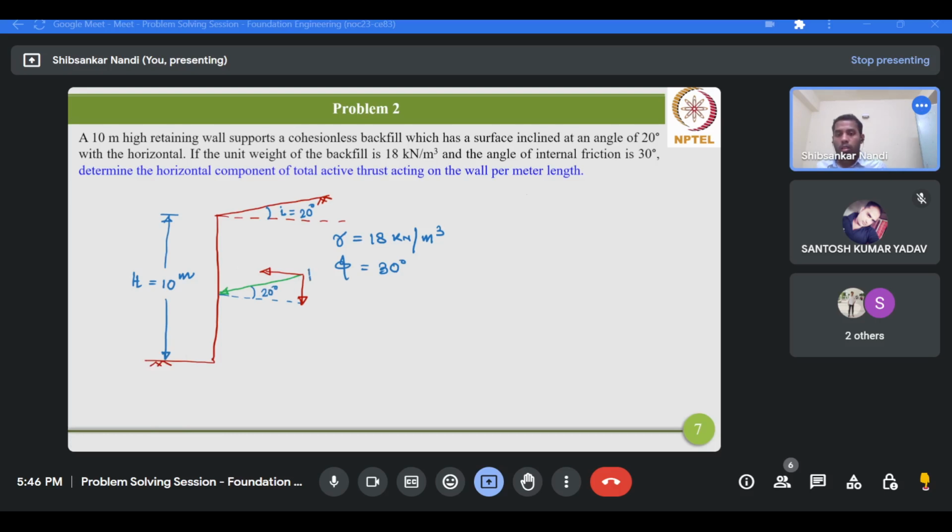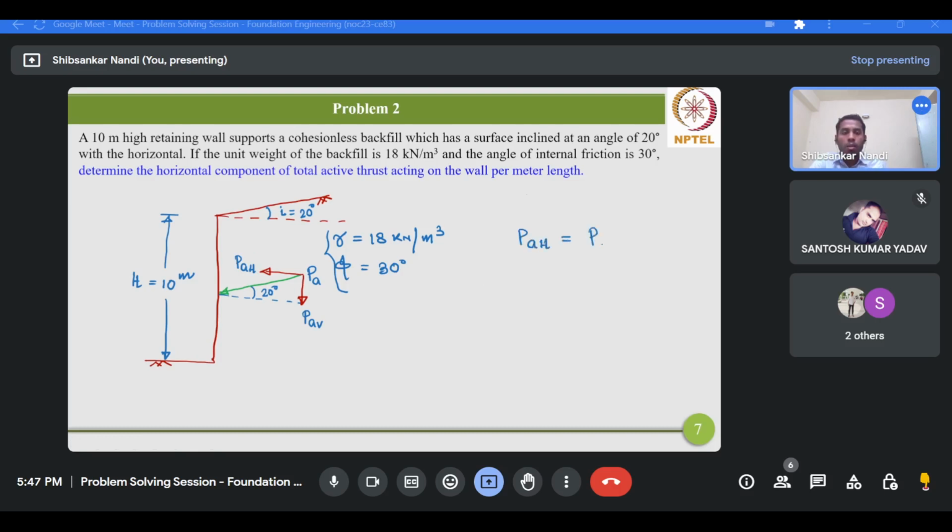So this is the resultant active thrust. So this is the vertical component and this is the horizontal component. Now you have to calculate basically this horizontal component. Now how you can determine this horizontal component? Determination of this horizontal component is very easy.